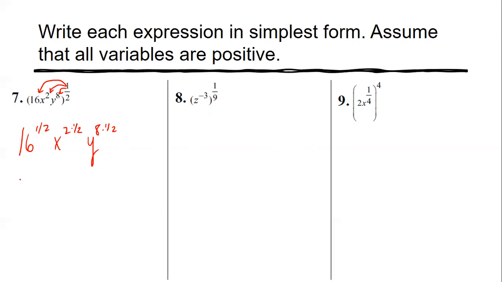What does the half mean I'm doing with 16? It means I'm taking the square root of 16, right? And then here, 2 times 1/2 is just 1, agreed? And 8 times 1/2 is 4. So that means my answer is 4xy to the 4.